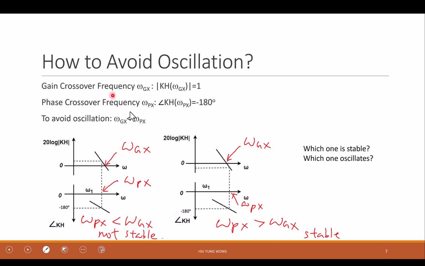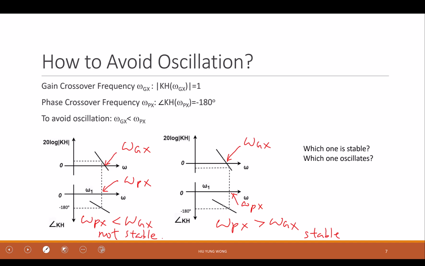One is gain crossover. It's great that some of you told me that you studied this in the control class already, right? So it's a good review. Gain crossover means that the gain KH becomes 1. Okay, that is the frequency at which it becomes 1. That is the gain crossover frequency.